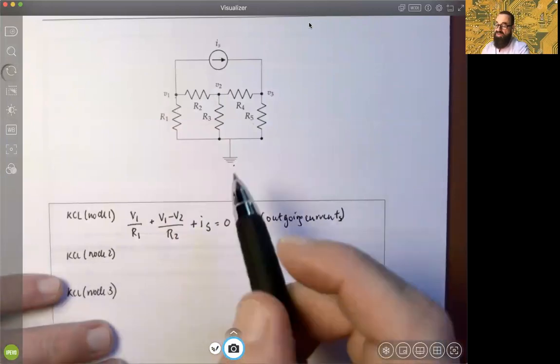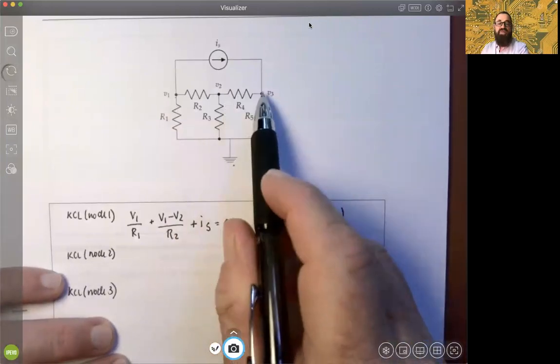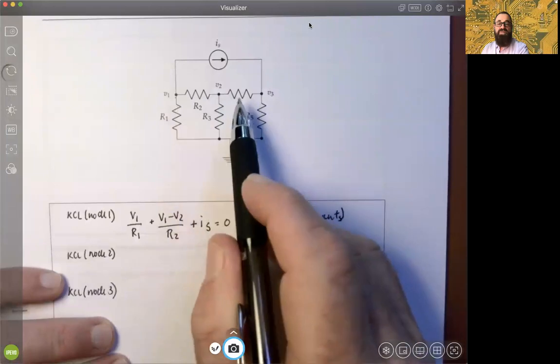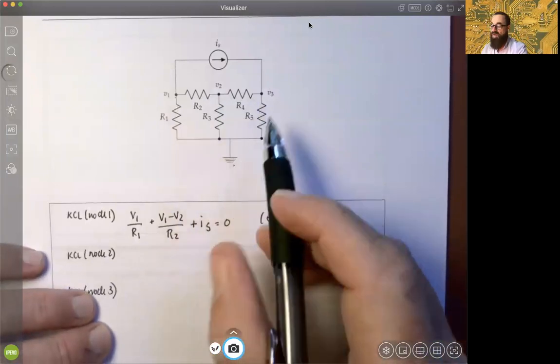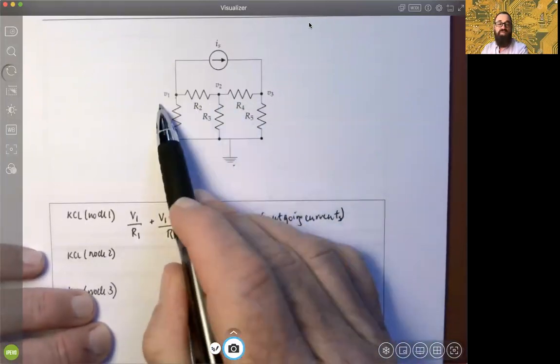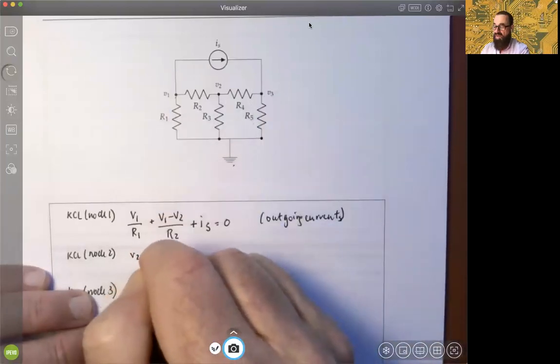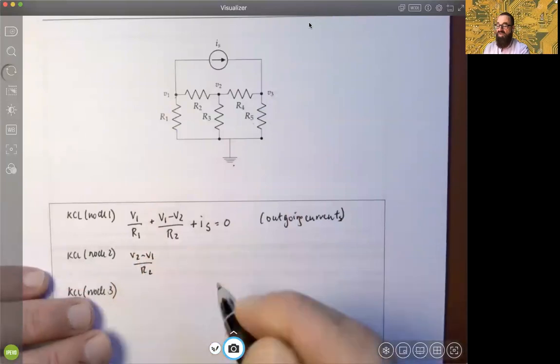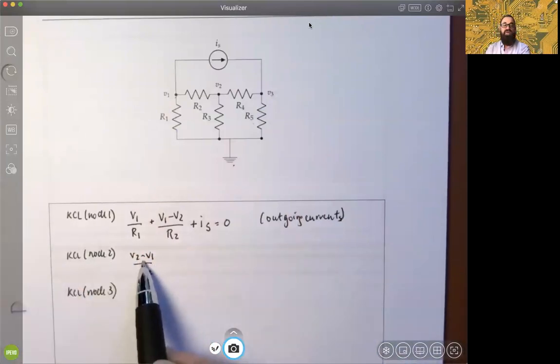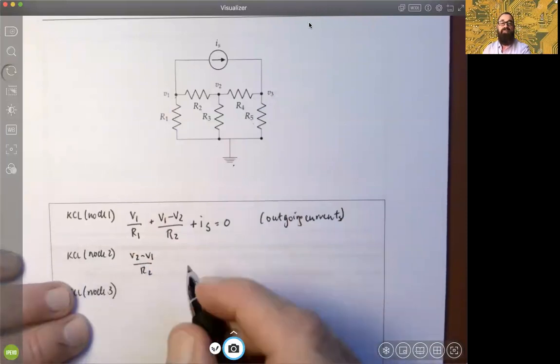Let's do node 2. 3 possibilities here on current representations because you have 3 currents coming out. Let's go from V2 to V1. Going to the left, you pass through R2. So you'll have V2 minus V1 over R2. So when you're at that node, the first subscript should always be the node you're working at, okay?